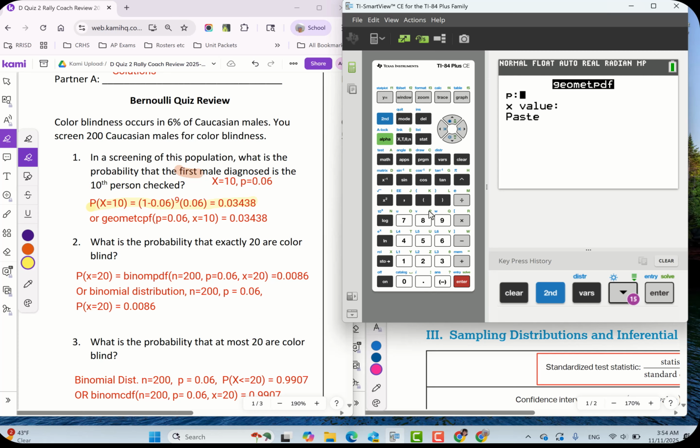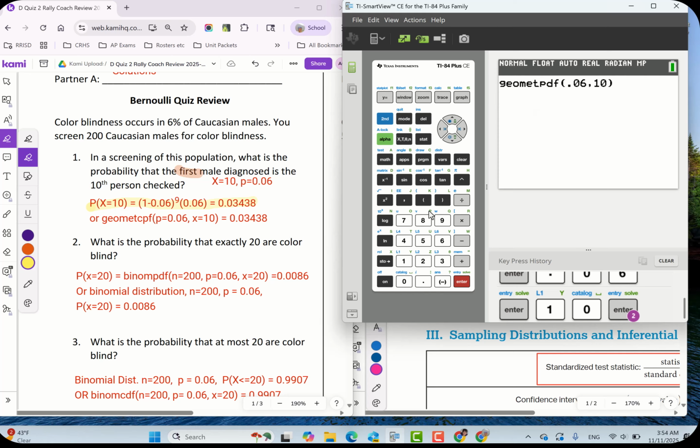Put in your P, which is 0.06. Put in your 10. And there you go. Now, if you copy just straight off this screen over here where it says Geomet PDF, you will not get full points if you don't tell me what the 0.06 is and the comma 10, so 10. So we got 0.03438.